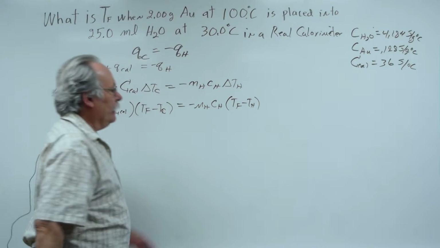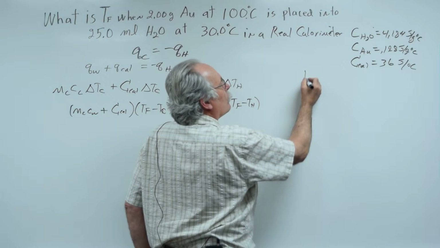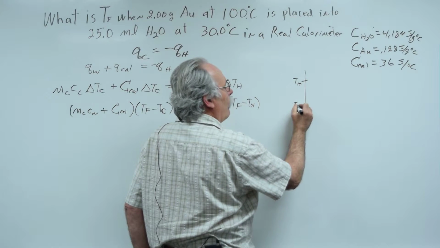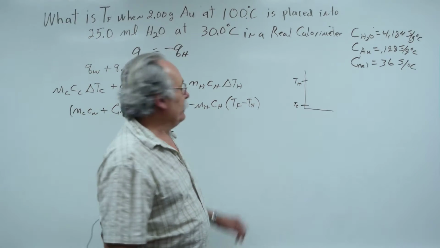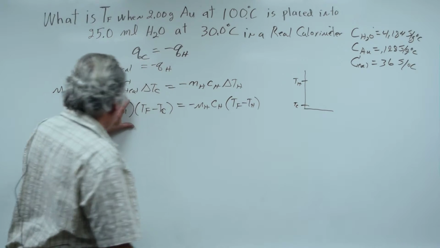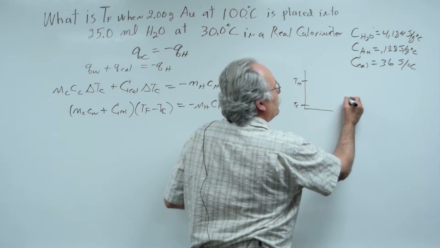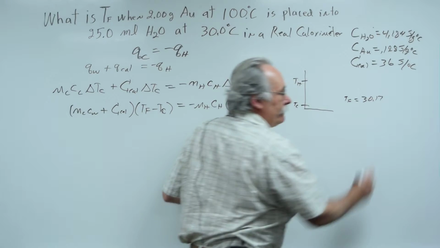And once again, the hot object cooled, the cold object warmed. Now, in the absence of the calorimeter, we concluded that the final temperature, Tf, was equal to 30.17.